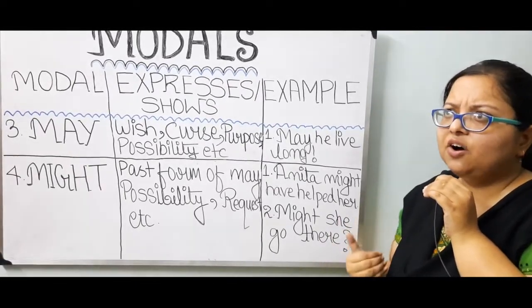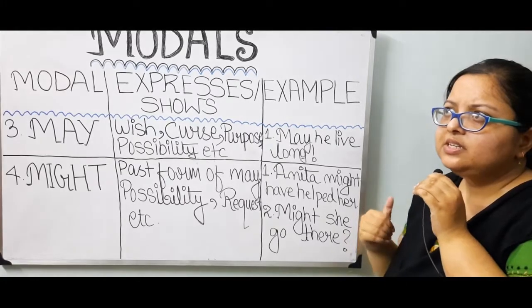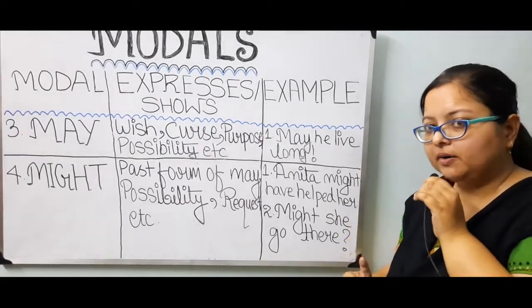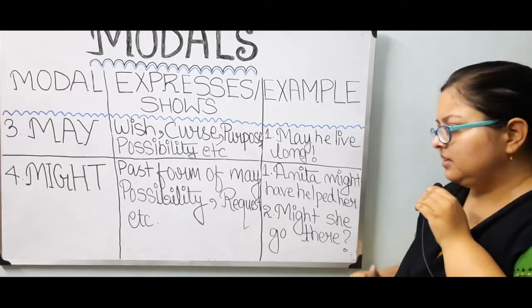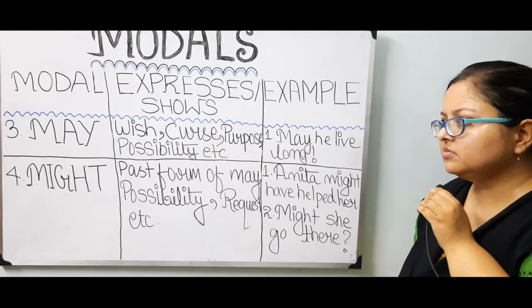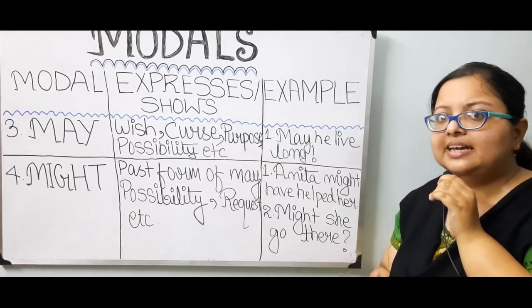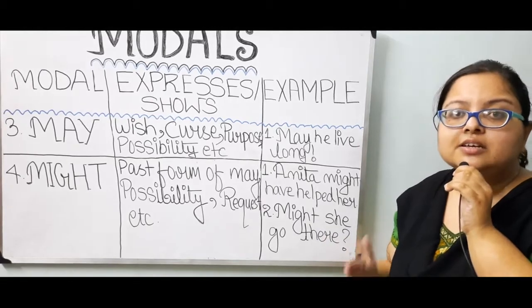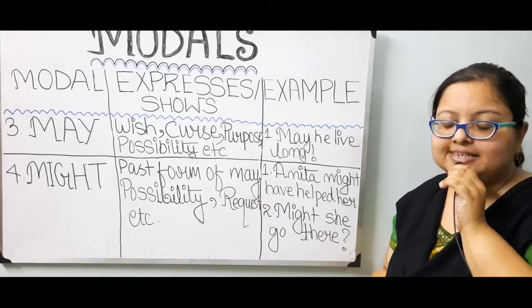It's basically seeking permission from someone. But might she go there is somewhat in the present time. Someone is seeking permission, suppose in the present time.